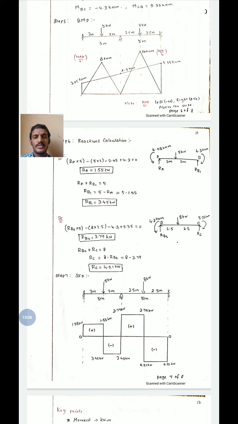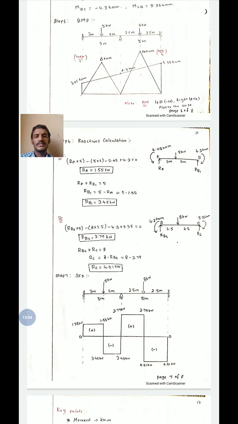Using the summation V equal to 0 concept, RB2 plus RC is equal to the total load 8. Substituting the RB2 value, we will get RC as 4.21 kilonewton. Finally, we calculated all the reaction points: RA as 1.55 kilonewton, RB1 as 3.45 kilonewton, RB2 as 3.79 kilonewton, RC as 4.21 kilonewton.